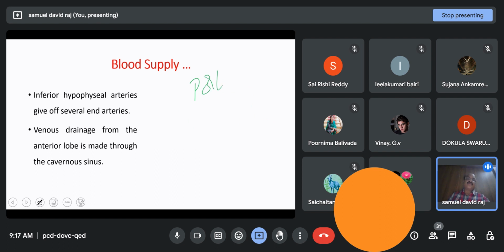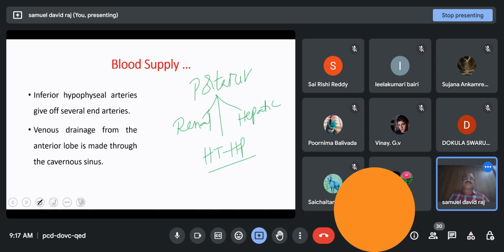Portal circulation is of three types. One that is associated with the kidney is called the renal portal system. One that is associated with the liver is called the hepatic portal system. And the one that is associated with the hypophysis connecting the hypothalamus is called the hypothalamo hypophyseal portal circulation.